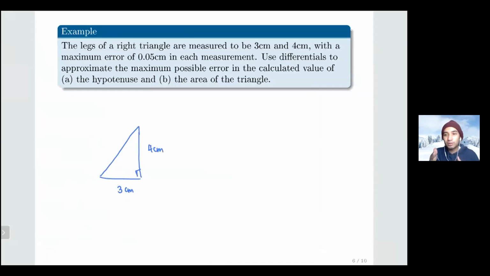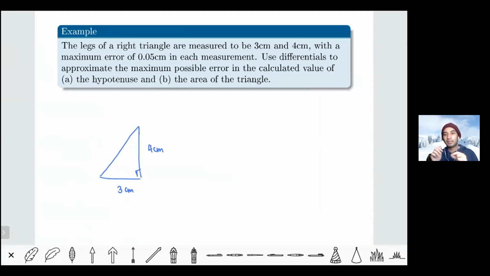Pero syempre, pag nagsusukat kayo using a ruler, hindi exact yun, no? Kasi yung mga ticks dun sa ruler, may limit na.